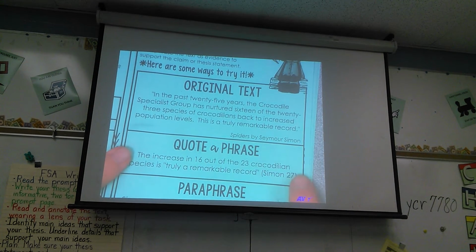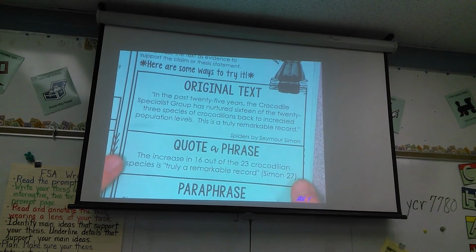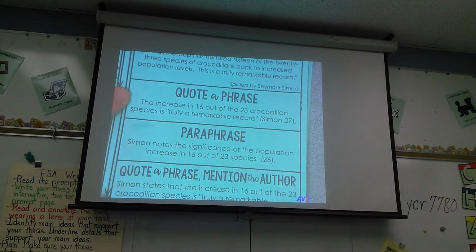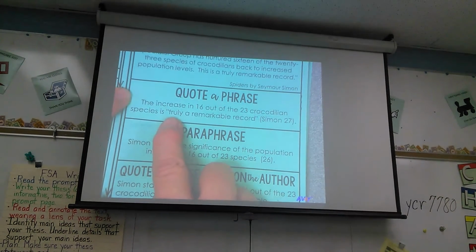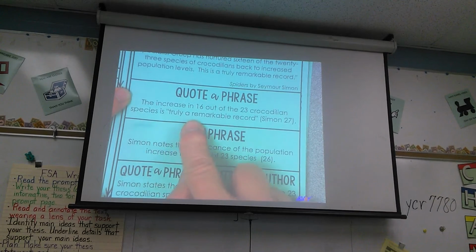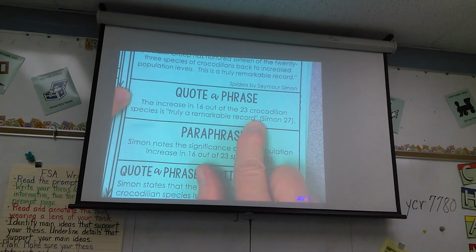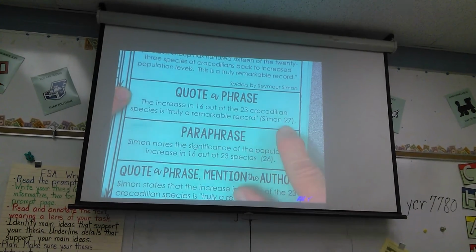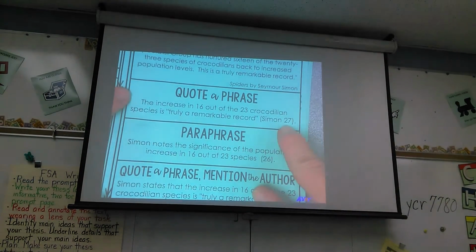Okay, so if you were going to quote from this book: The increase in 16 out of the 23 crocodilian species is, quote, truly a remarkable record. And then notice there's no period here, but right after the ending of the quotes, you have a parentheses, the author's last name, and when it's just a number, that's a page number.